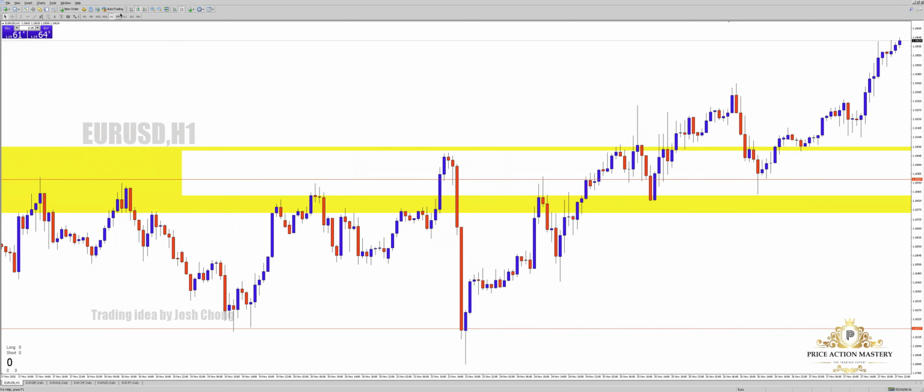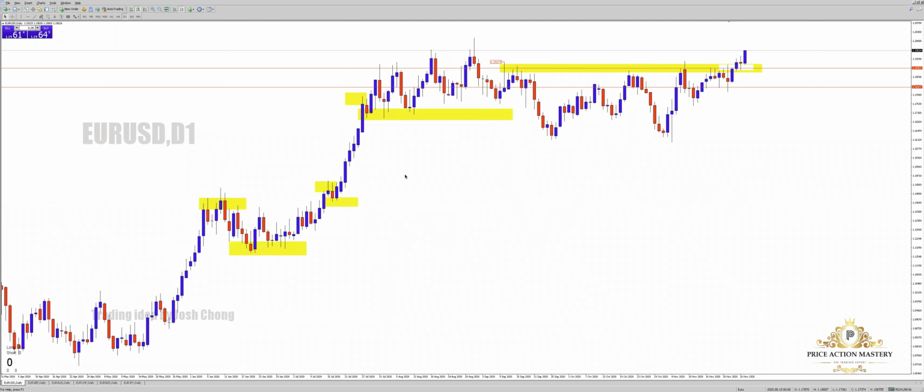Okay, the next will be Euro USD. Basically the market has broken this lower high, so the market now wants to continue to have an upside exposure. For this trade, I'm going to adjust my key line for my entry. I'll be placing it at this level, so this is my key line.